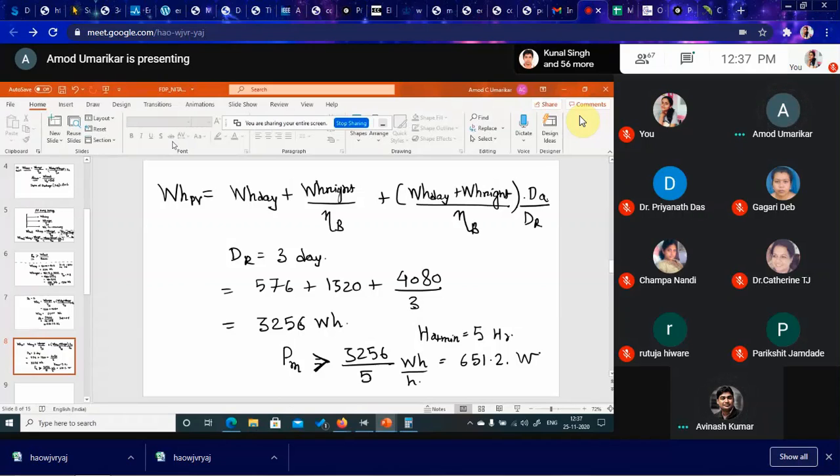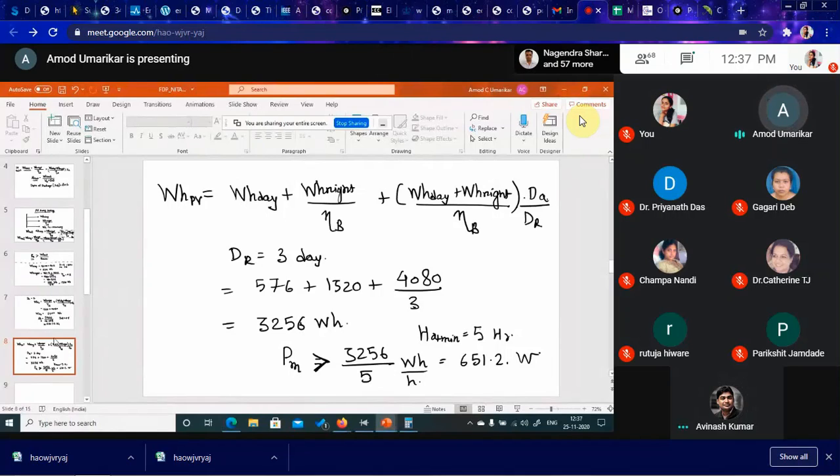It should be higher than this, to take care of all other things, as we have not considered many efficiencies still. This is a very crude design, but just to give an idea how it should be. These are the main factors we have to consider.